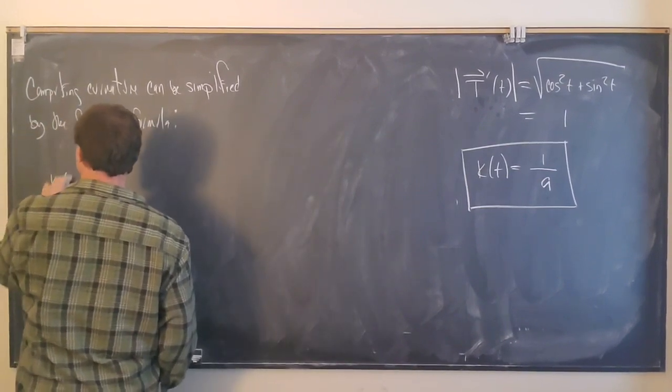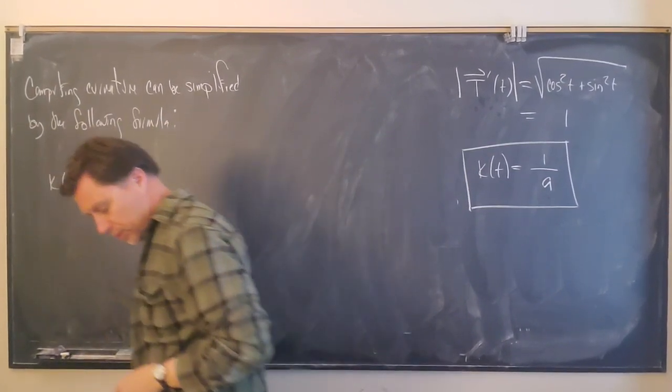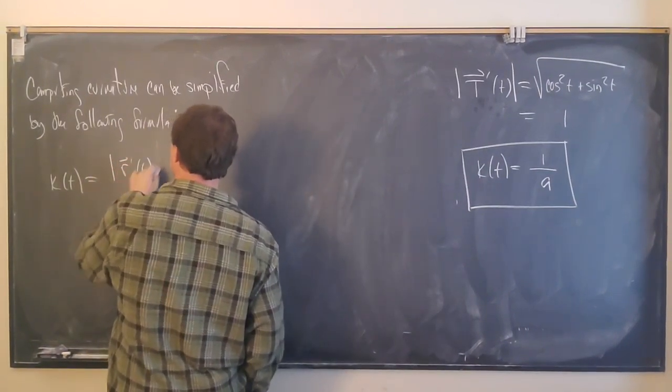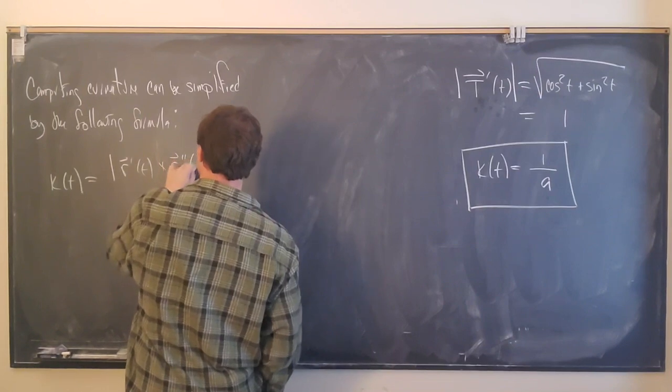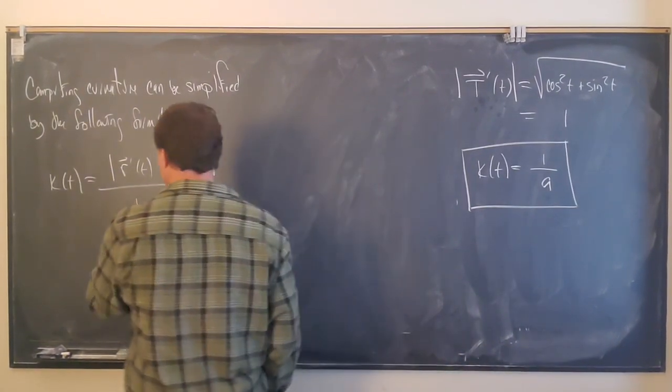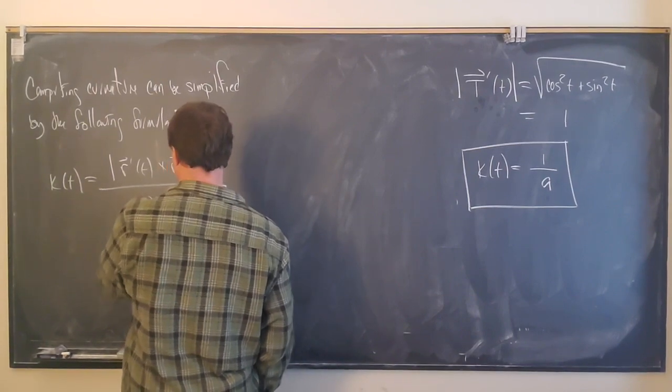The curvature at t is equal to the magnitude of r prime of t cross r double prime of t divided by the magnitude of r prime of t cubed.